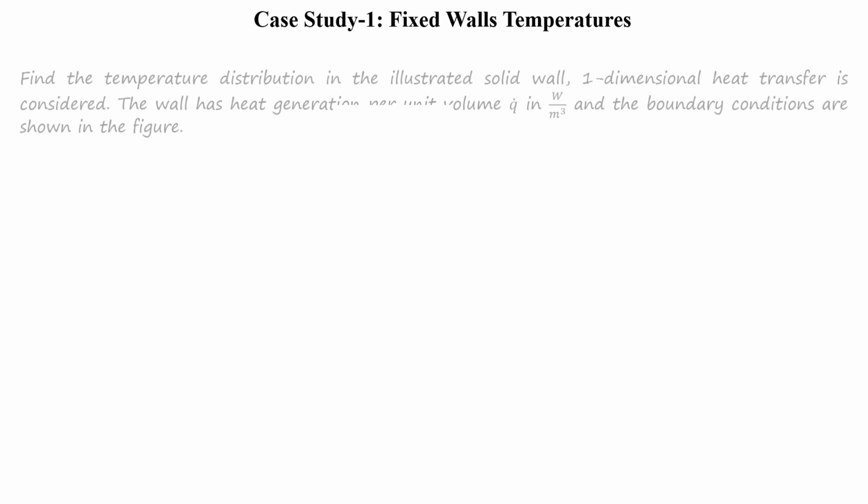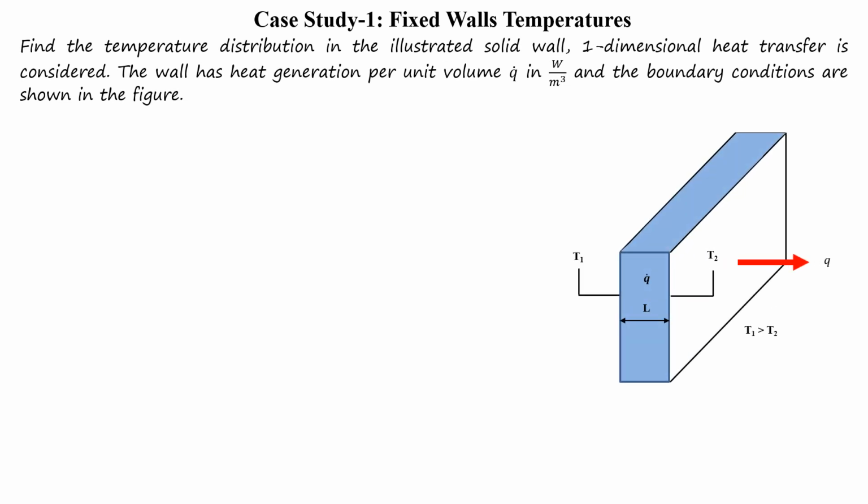Now let us have a case study where we have fixed wall temperatures on both sides. For example, we have a wall shown in this figure in one-dimensional form, with q dot generated per unit volume inside this body, thickness L, and boundary conditions as shown in this figure, with fixed temperatures on both sides.